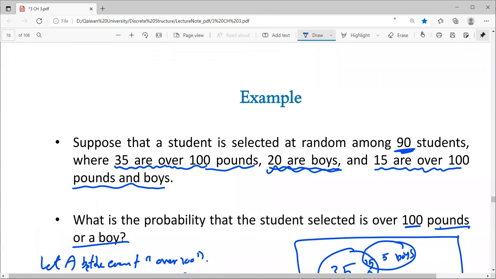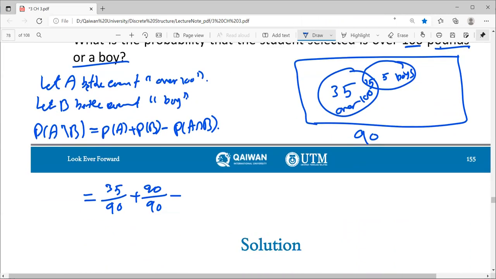It's given that you have 20 boys, and 15 of the boys are over 100 pounds. So the probability is 15 over 90.